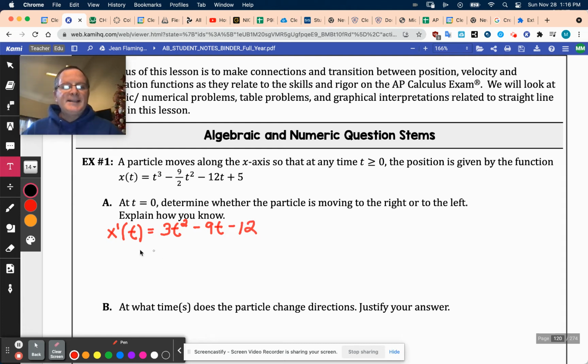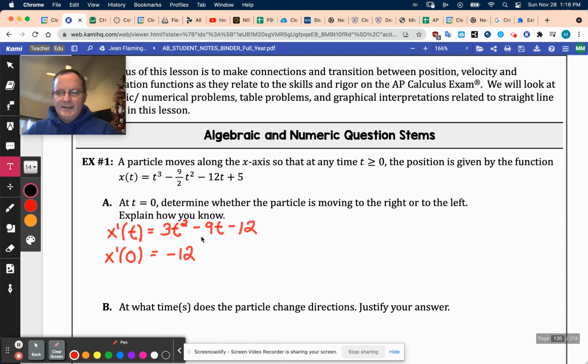All right, and so then it's asking what's happening at 0. So x prime of t when t is 0 is going to equal negative 12. In this particular case, we're not given any units, so it's just negative 12.